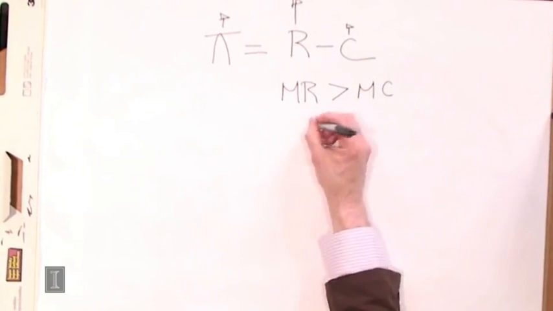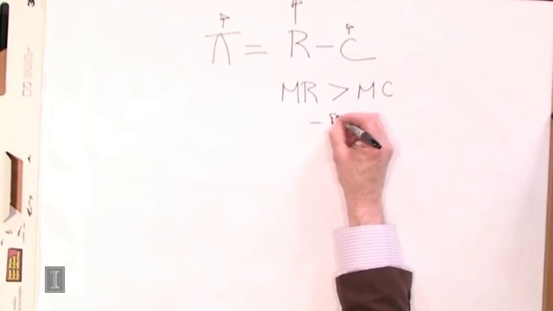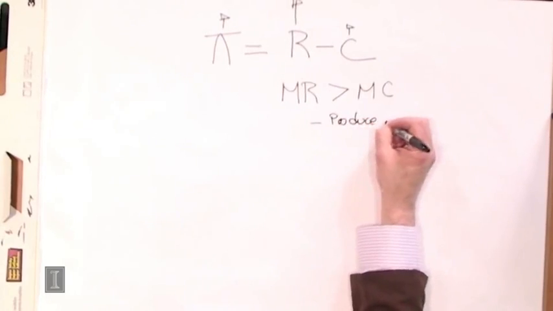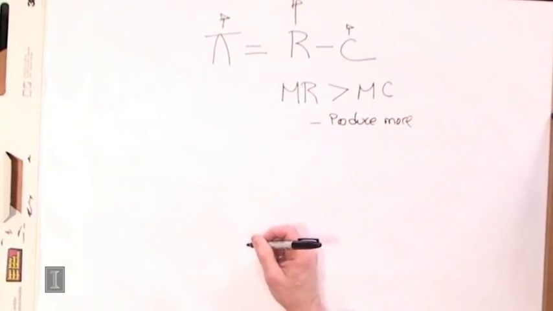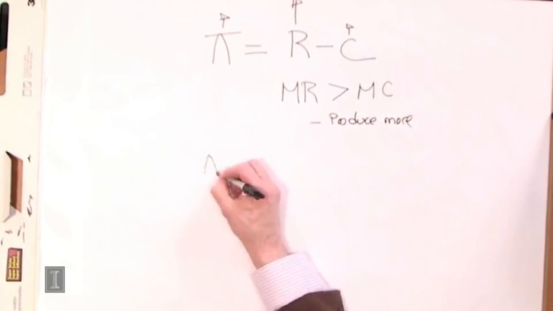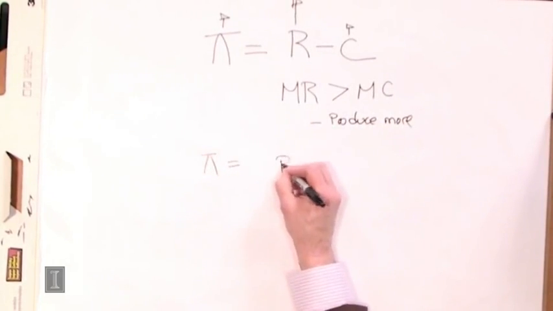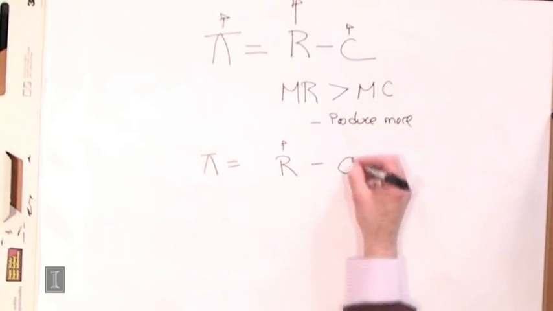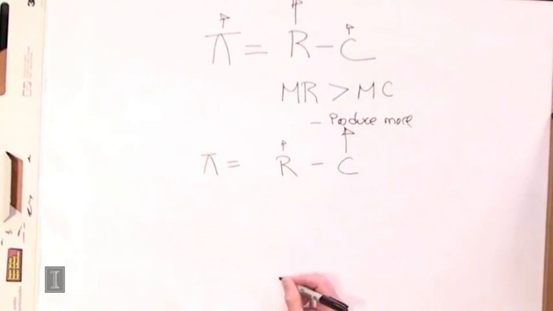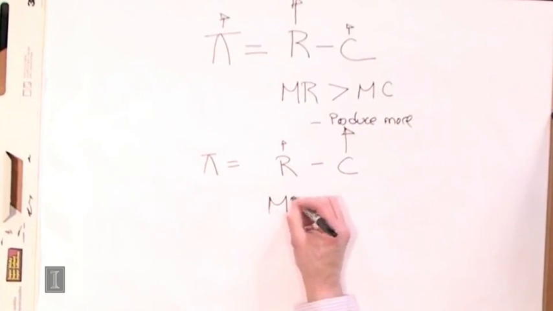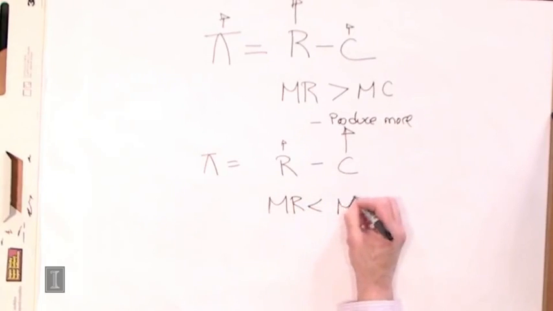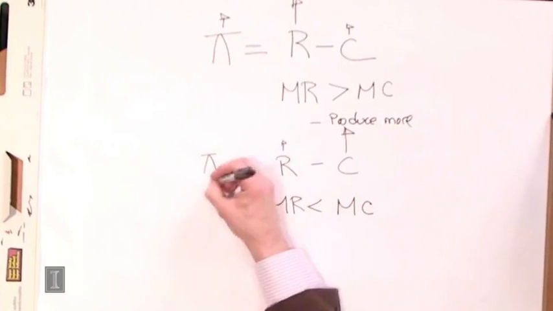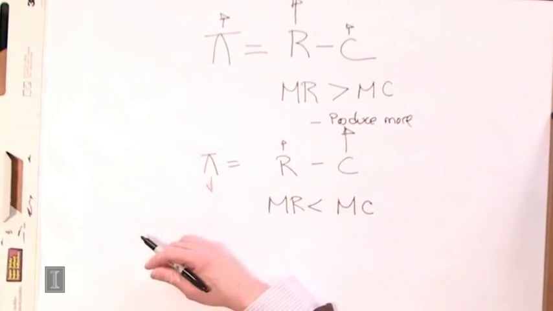So when your marginal revenue is more than your marginal cost, you should produce more, or continue to produce, right? Now, on the other hand, when your revenue of the last unit increased by only this much, but the cost of the last unit increases by that much, then your marginal revenue of the last unit was less than your marginal cost, and your profits went down.